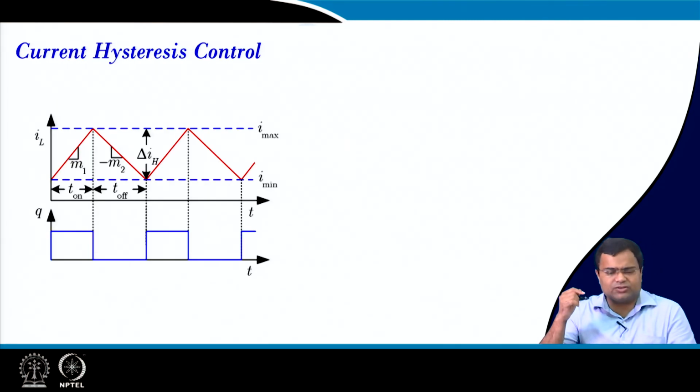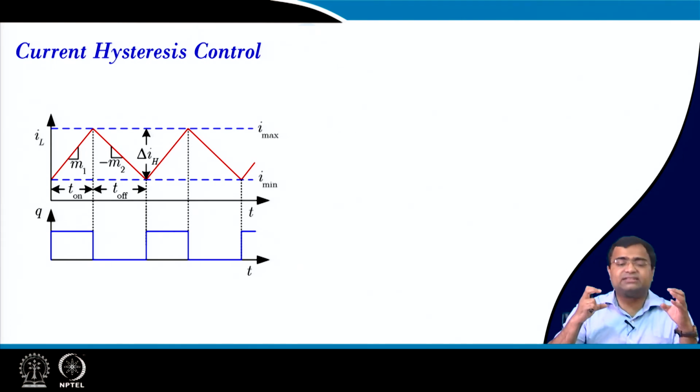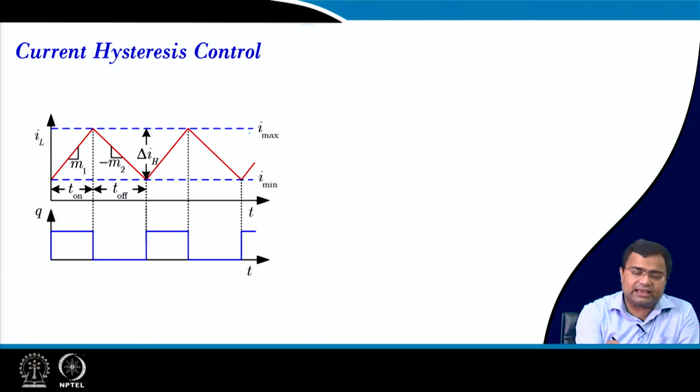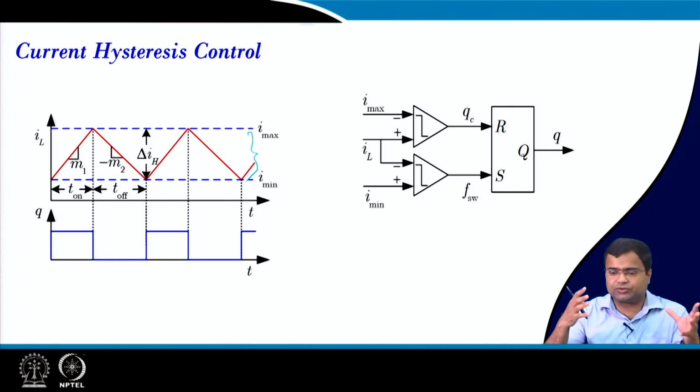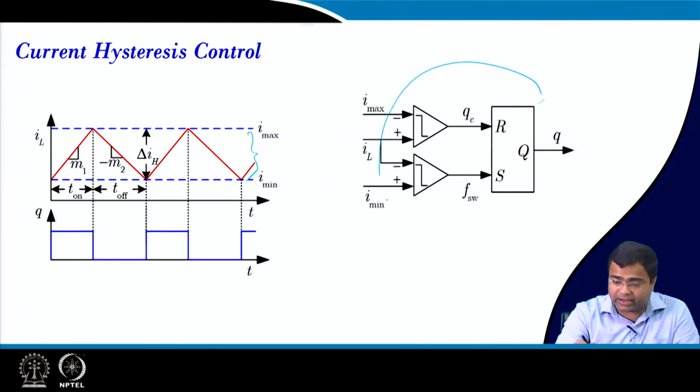Then current hysteresis control. If we sense the inductor current, here I am just showing the actual inductor current, but here you can use a sensed inductor current. Then we want to retain this inductor ripple within the band of hysteresis, and this control is called hysteresis control. This is a general representation of a hysteresis control mechanism.